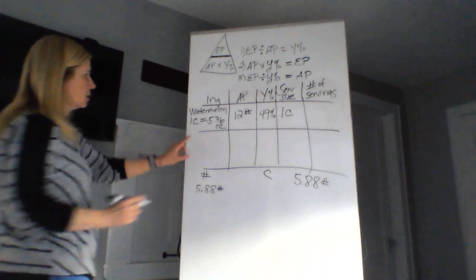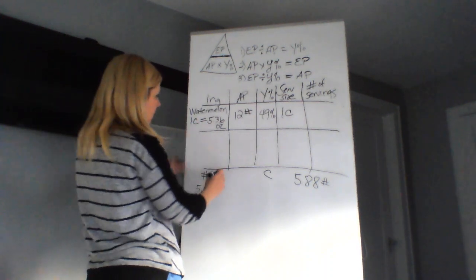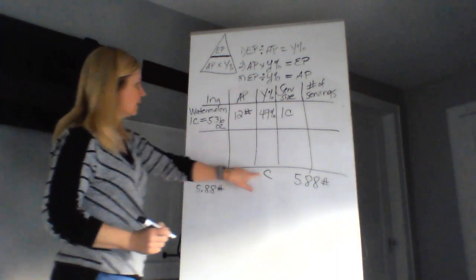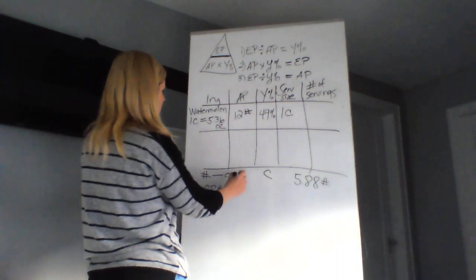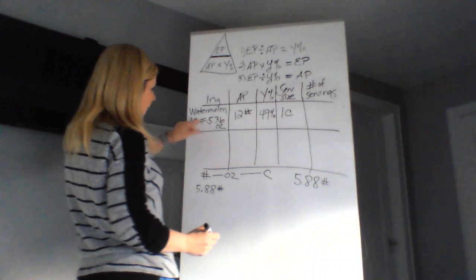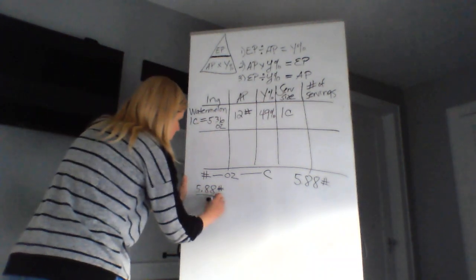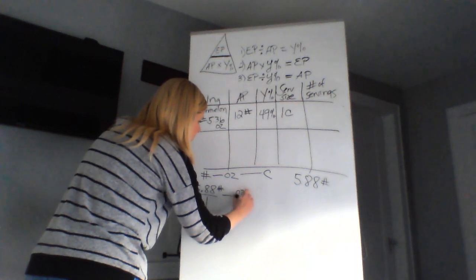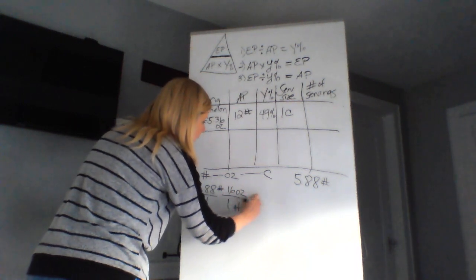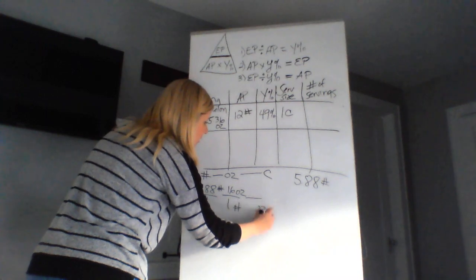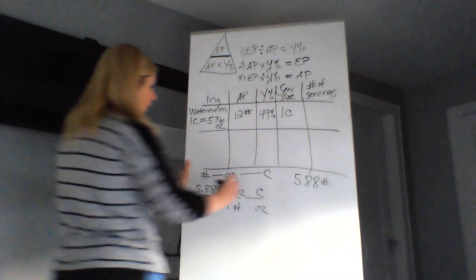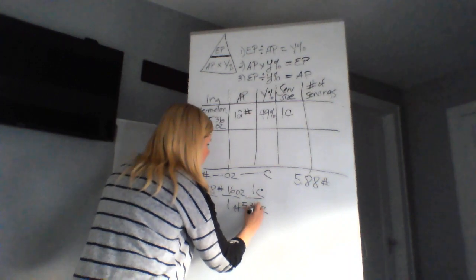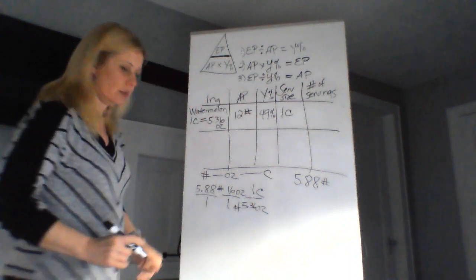Let's then use this. So we have to connect cups to ounces in our bridge. And then we know we can connect ounces to cups because we have that equivalency there. So let's go ahead and bridge this. Pounds comes down, ounces come up, 16 ounces in 1 pound, and then ounces comes down and cups goes up, and we know that 1 cup is equal to 5.36 ounces, okay?